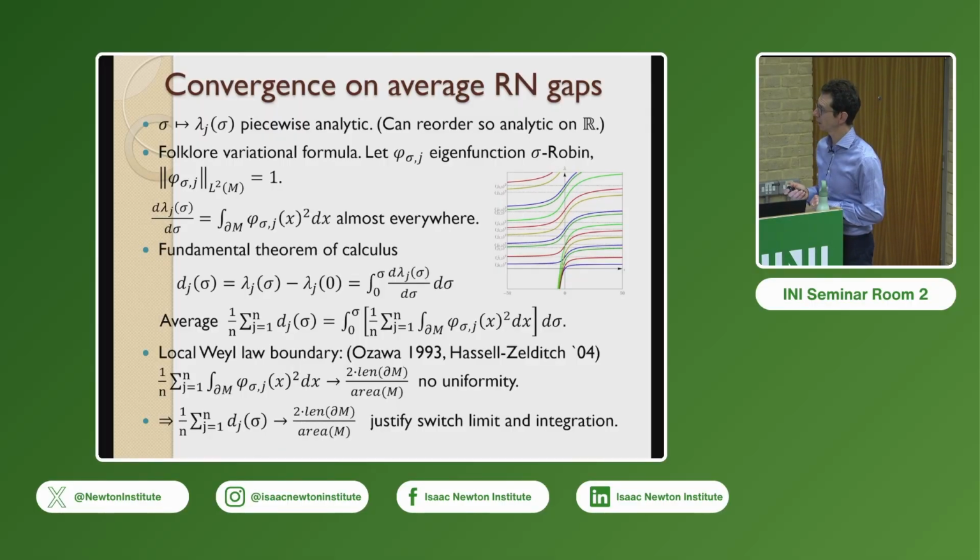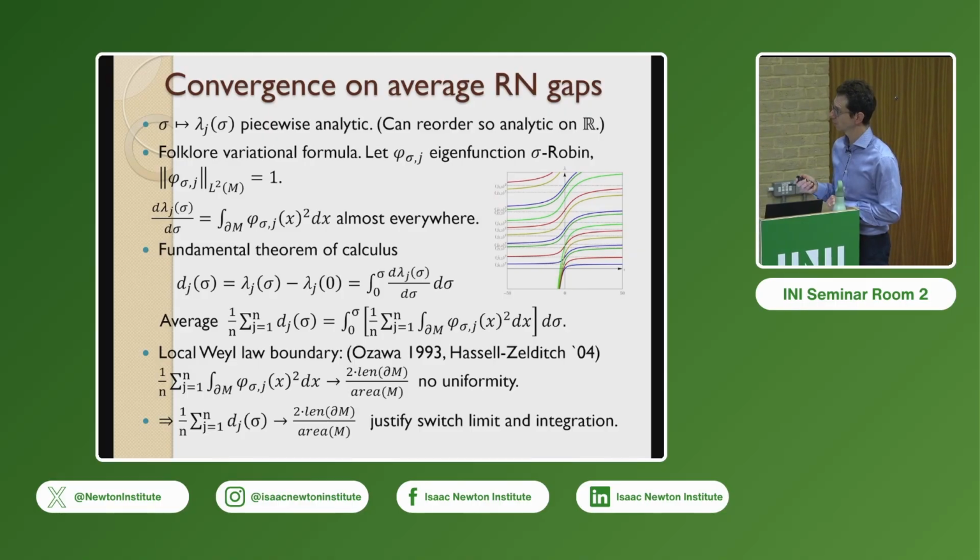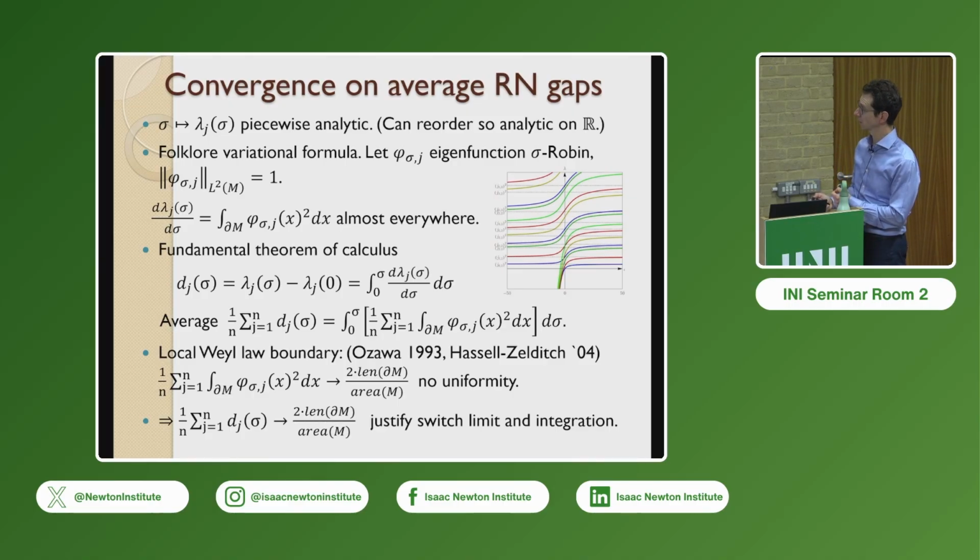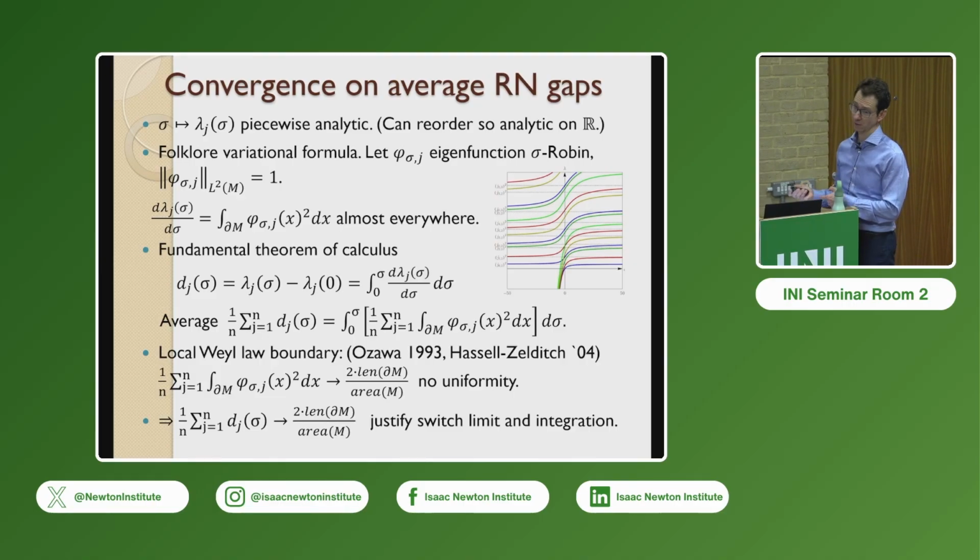And then the Robin-Neumann gap is precisely the integral of this derivative of lambda j as a function of sigma. Now, if we want the average of the d_j of sigma, then by the magic of inverting the order of integration, it amounts to the study of this function. So this is the average of the L2 norms of the functions confined to the boundary.